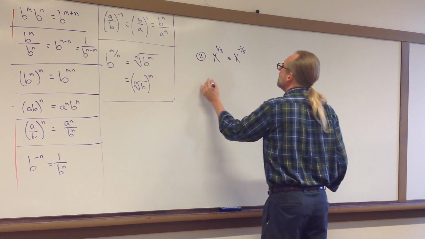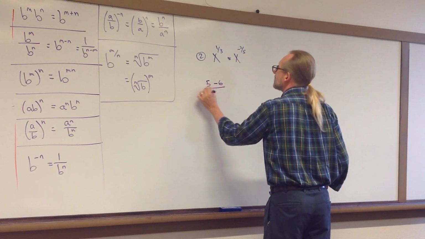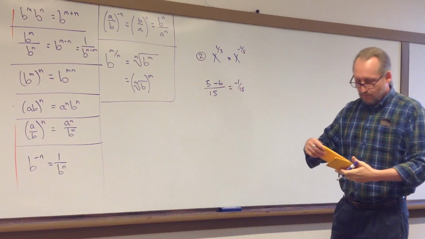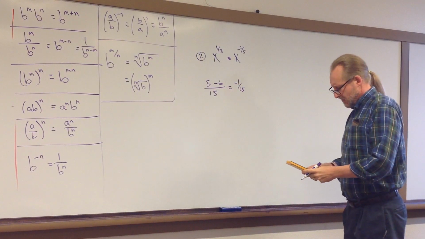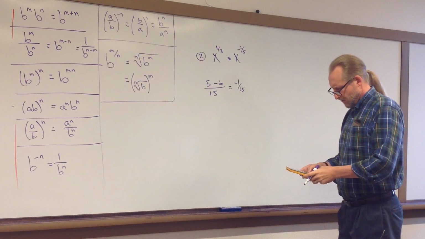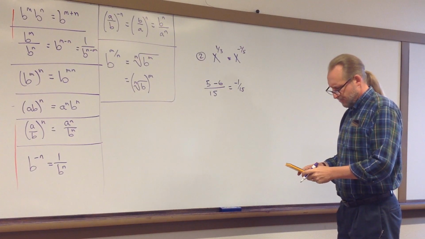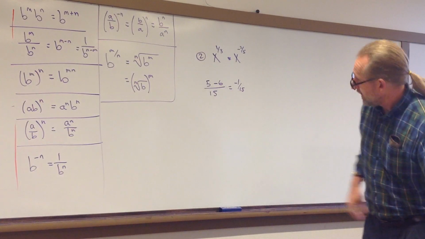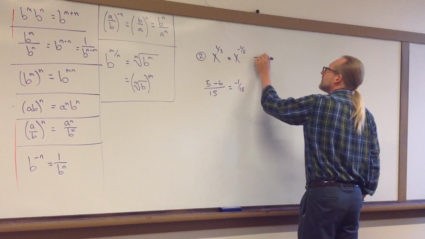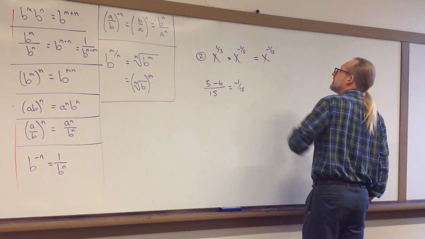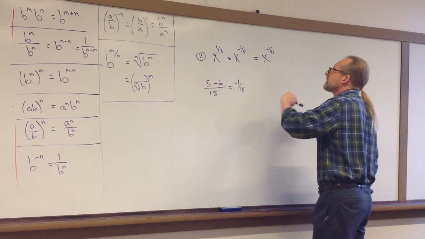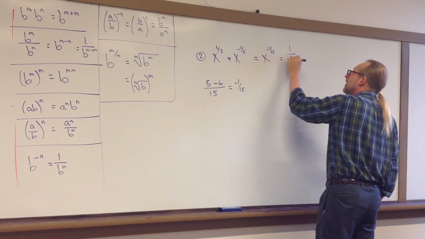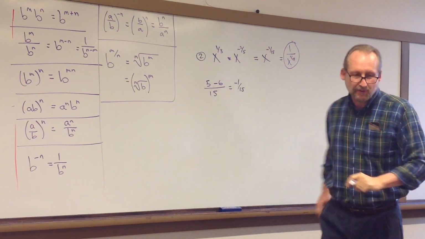Really all it's going to be is 5 minus 6 over 15, or negative 1 over 15. Okay, so that says this will be x to the negative 1/15 power. And then we want to express this in terms of positive exponents, so that's 1 over x to the 1/15 power. There we go.